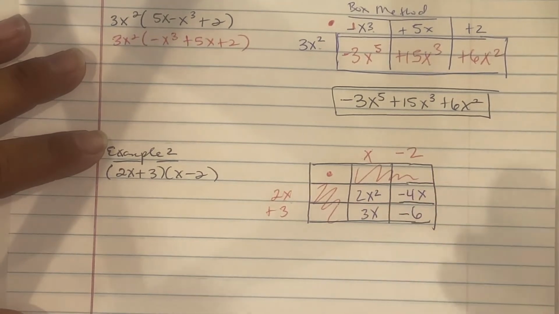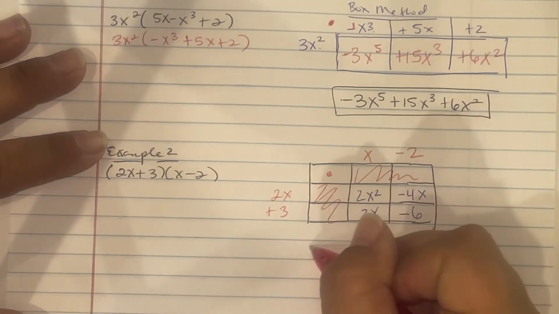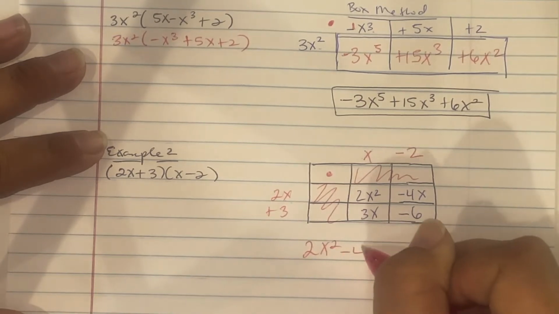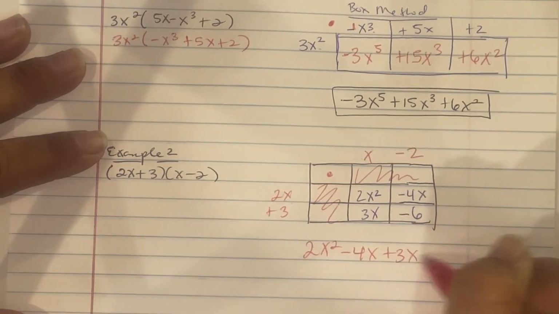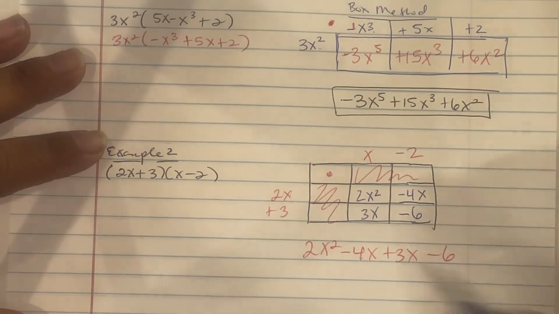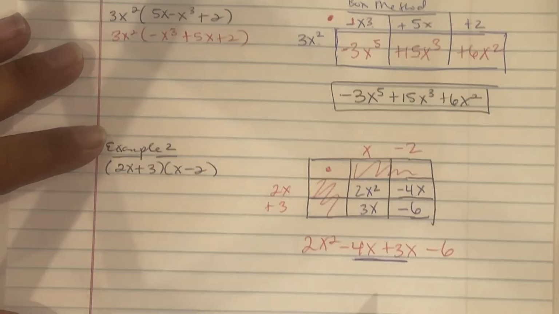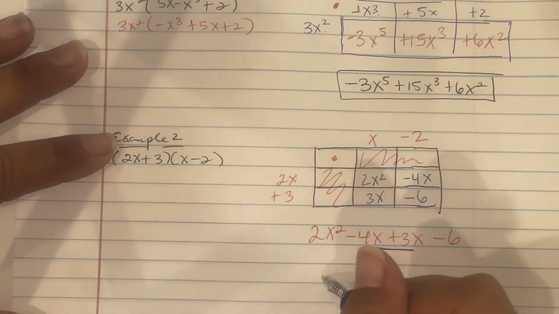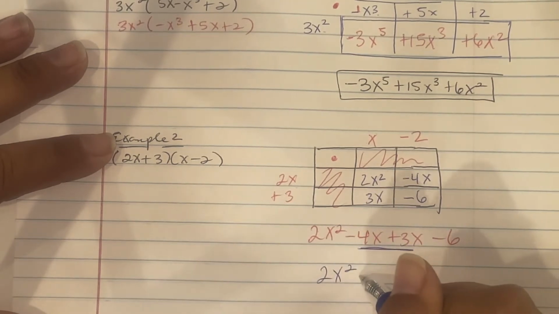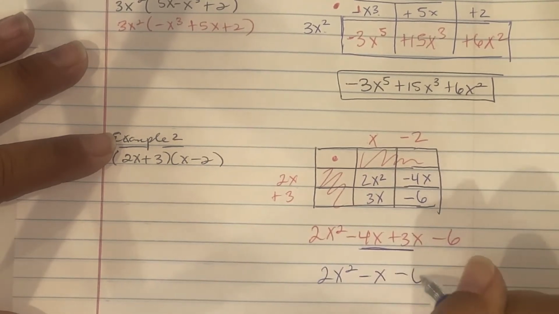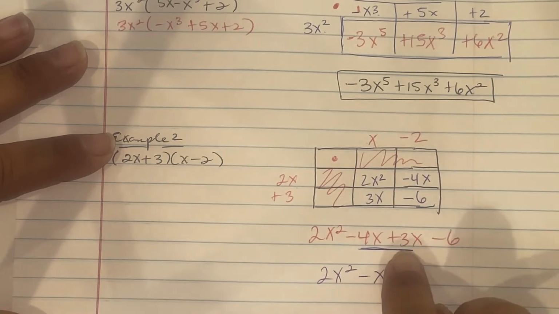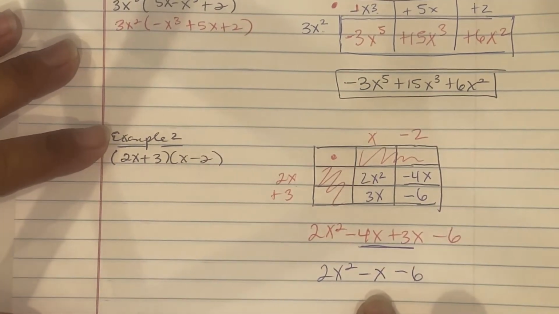So we see 2x squared, negative 4x, positive 3x, negative 6. The two middle terms are the ones that combine together. So you get 2x squared, negative x, minus 6. Because remember, you're short $4 but found 3, so you're still short 1. And that would be the result of the multiplication.